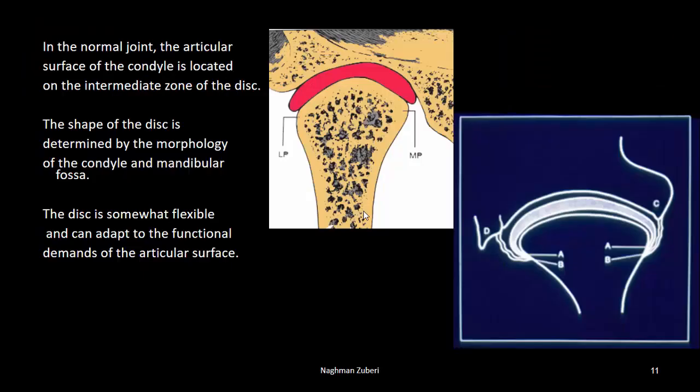Well, if we look at the joint antero-posteriorly, something like this will be visible. This is the lateral pole, this is the medial pole, and the disc will be lying on top of the condyle just like it is wearing a cap.